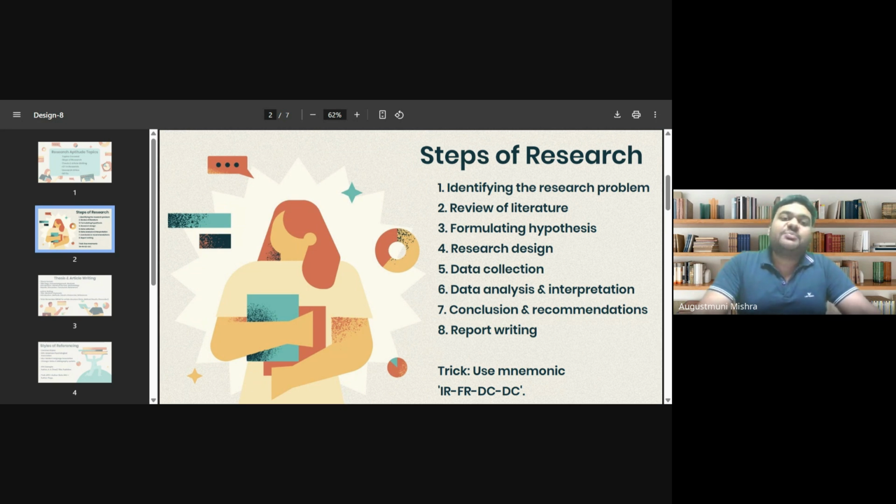Another one is it brings better clarity and focus to the research problem, and also helps to improve the authenticity of research. Whenever you are making a research paper or writing a thesis or anything related to research work, you are always giving references to that particular researcher or that particular work.